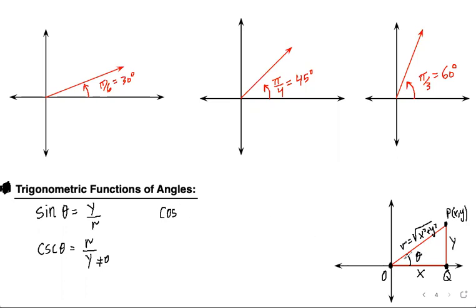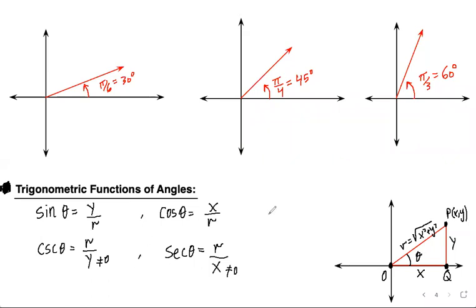The cosine of the angle theta is equal to x over r, adjacent over the hypotenuse. The reciprocal of the cosine, 1 over cosine, is called the secant of theta, and the secant of theta equals r over x, such that x is not equal to 0.